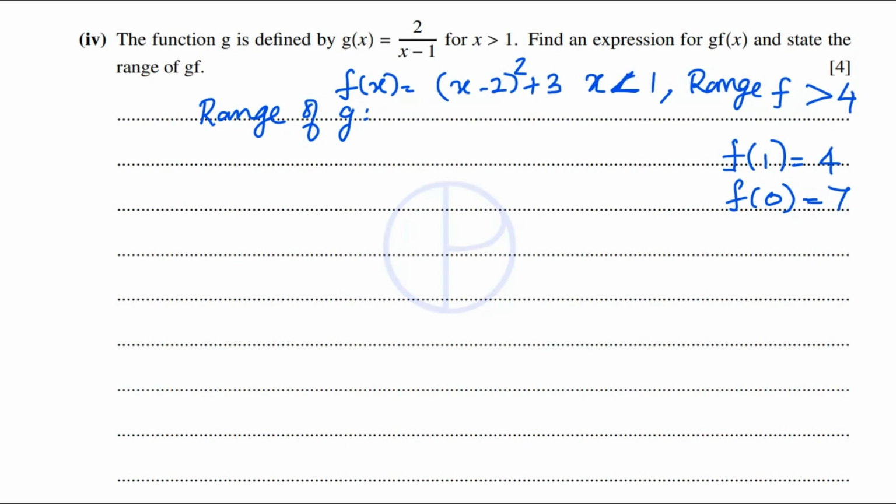In the numerator it is a constant number 2 and the denominator is a bigger number, then the value will be smaller. So g will be less than 2.